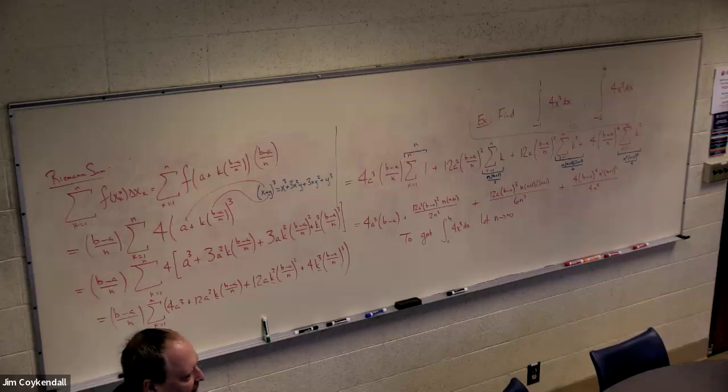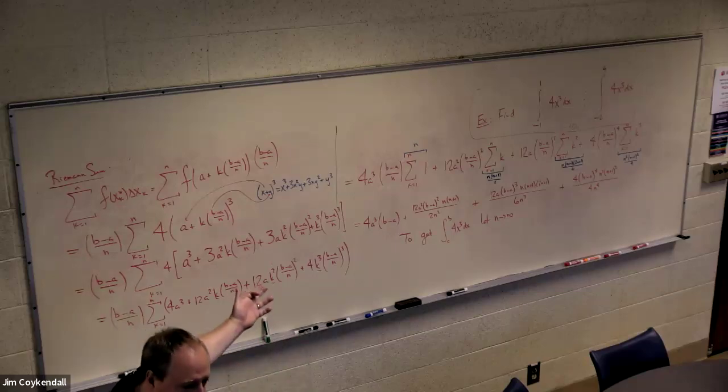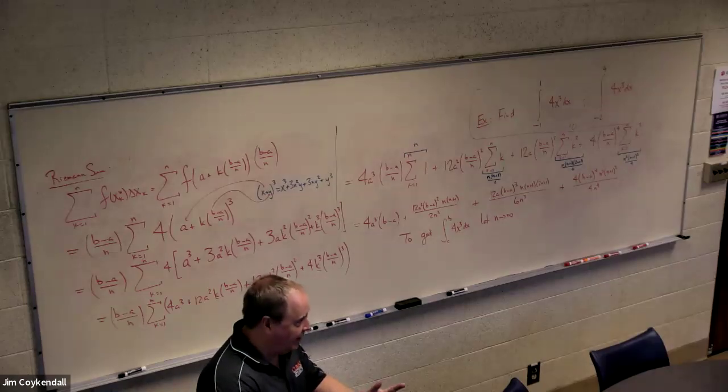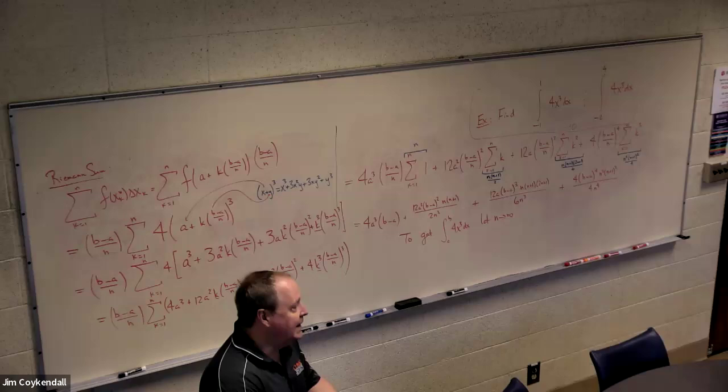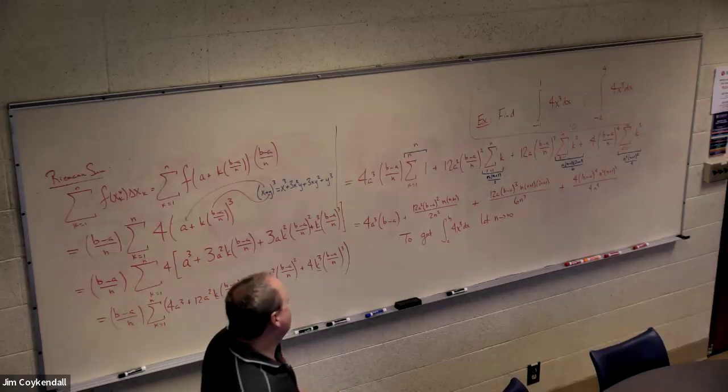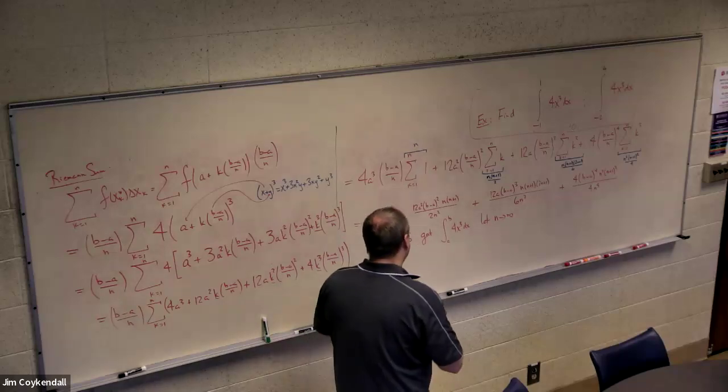What is it about the problem that lets me let n go to infinity? What assumption did I make about my boxes? They're evenly spaced, right? Which is not an assumption we made in general. But if the boxes are evenly spaced, and I let n go to infinity, they all have to be getting thin, because they're all the same size. Okay, with that, so let's let n go to infinity.